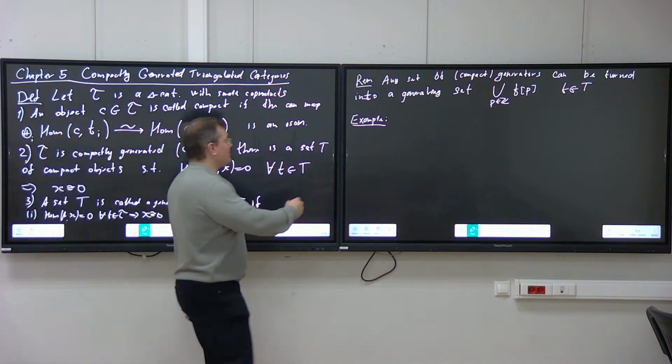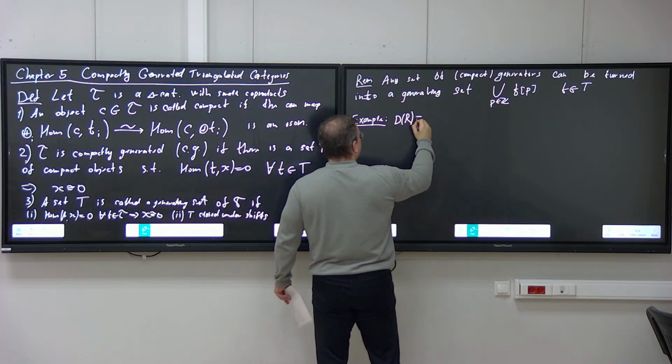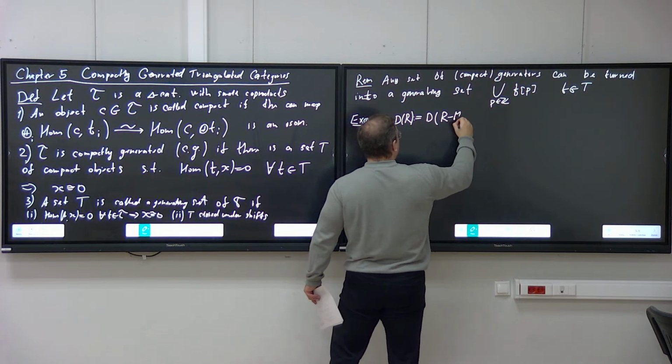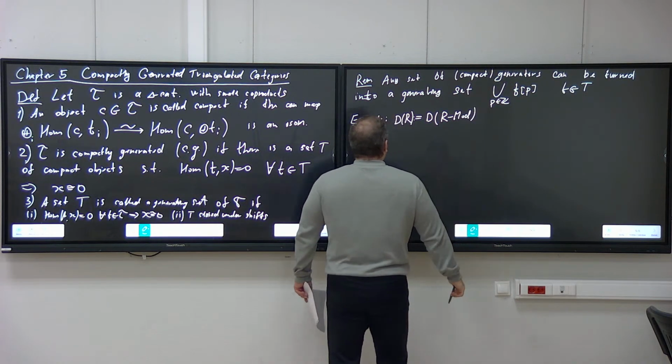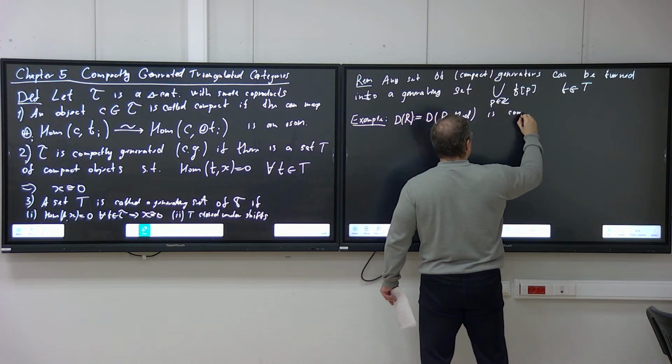So the derived category of the ring, which is just a short notation for the derived category, say of the left modules or right modules, is compactly generated.